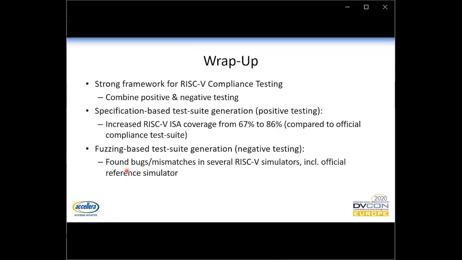And here we were able to find bugs and mismatches in several RISC-V simulators, including the official reference simulator. Finally, even if all these techniques are strong, please recall thorough design verification is still necessary.